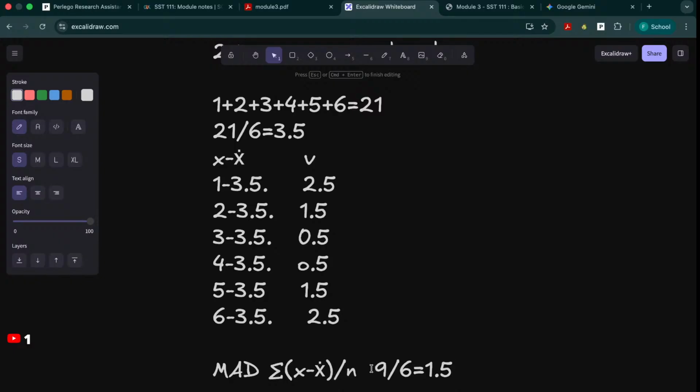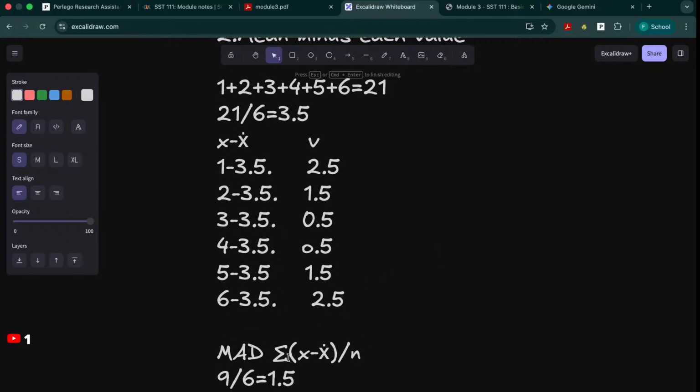So this is our mean absolute deviation. Like each number is 1.5 steps away from the mean.